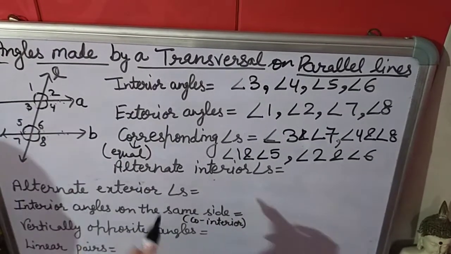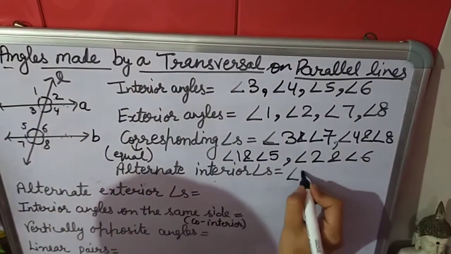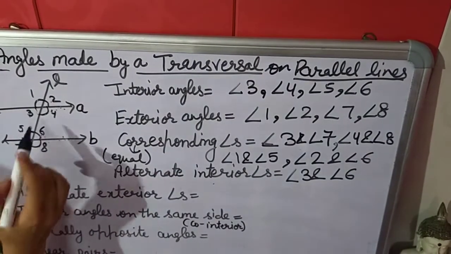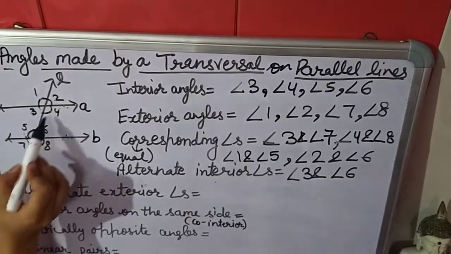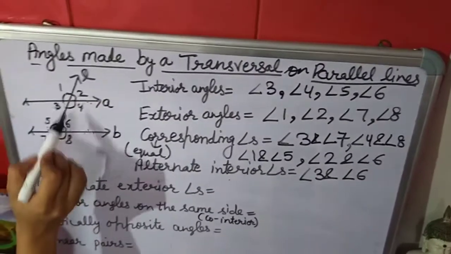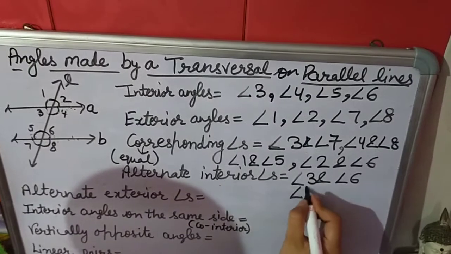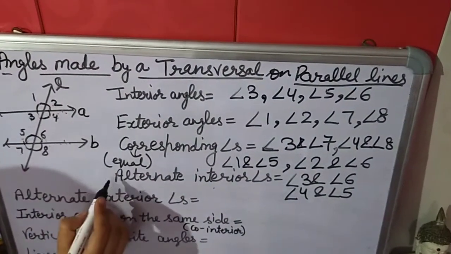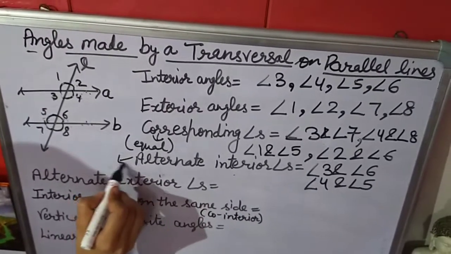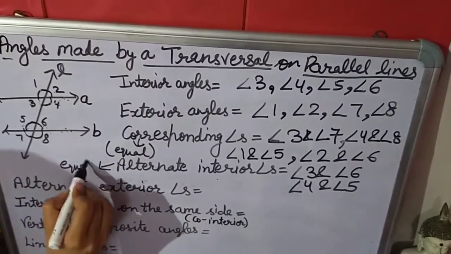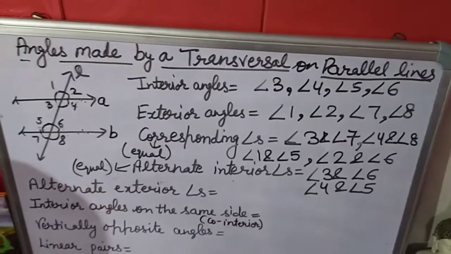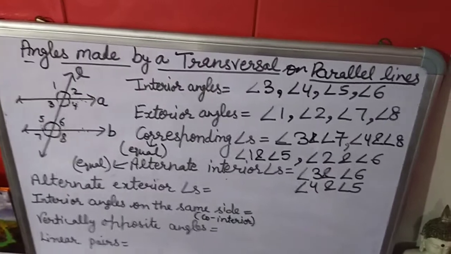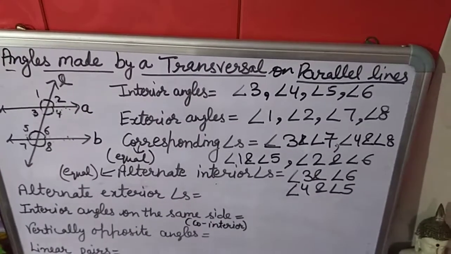Next pair is angle 4 and angle 5. Both are alternate and interior. And remember, alternate interior angles are equal to each other. Angle 3 is equal to angle 6 and angle 4 is equal to angle 5.